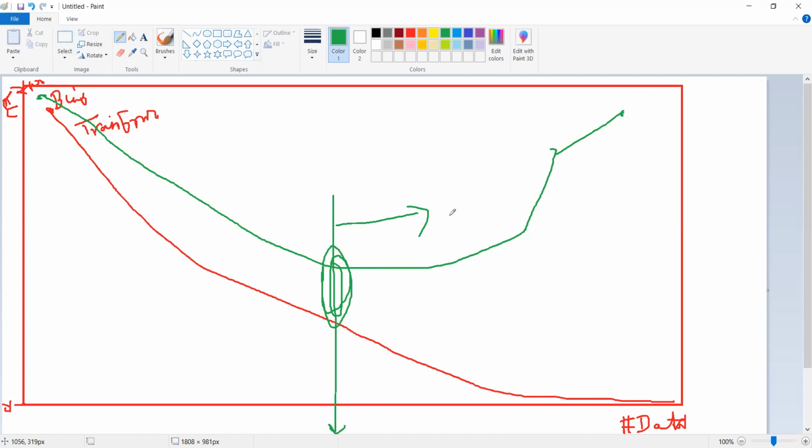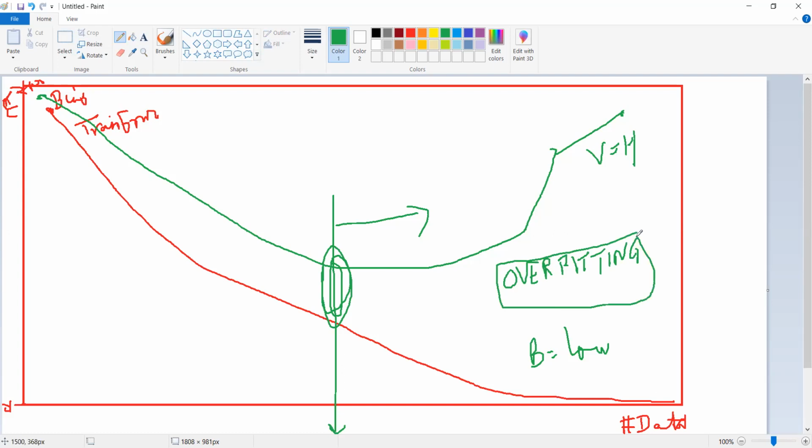This area where you have bias low and variance high is called overfitting. Overfitting is mugging up by hearting the class problems, doing well in the class, but not doing well in the exam.